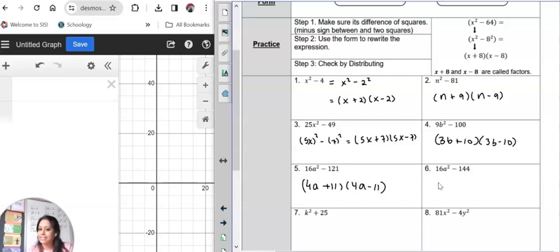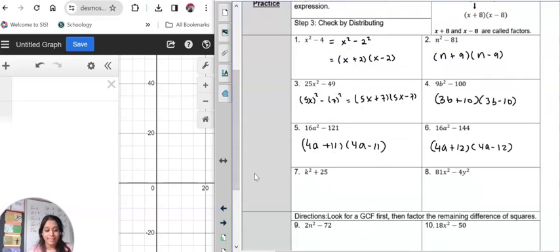So here we can say that this is 4a. I can also say plus first. Oh, I already did plus. You can go either way. You can say minus first or plus first. It all comes out to be the same thing. Okay? 4a plus 12, and then 4a minus 12.